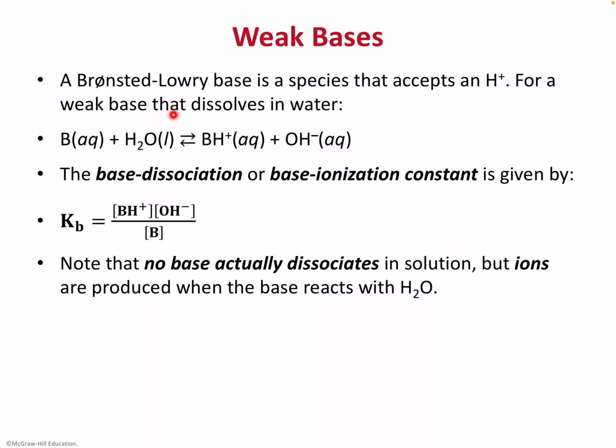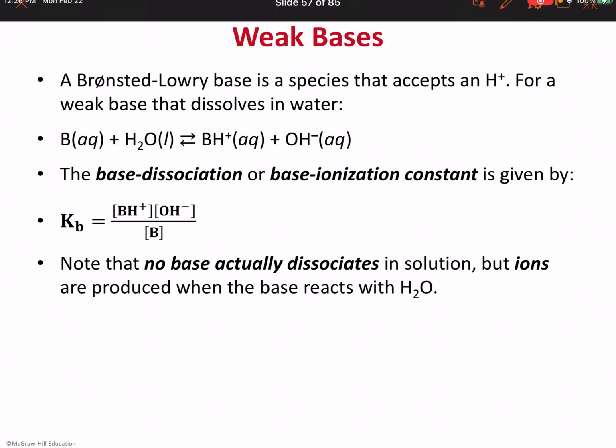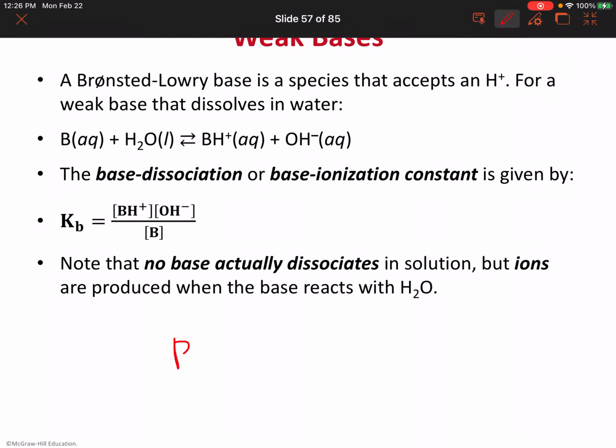So for a weak base that dissolves in water, let's say this is your base, you put it into water, the base attracts a hydrogen and becomes BH plus, and then the oxygen will become OH minus, right? Remember, this is your base with a lone pair that can make a bond, and you have H2O with 2 lone pairs like that.